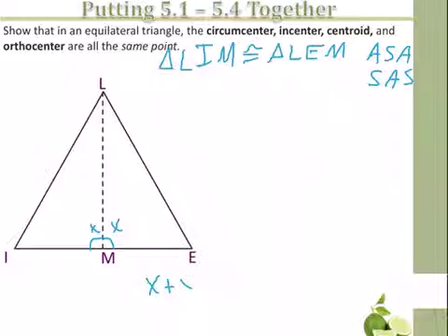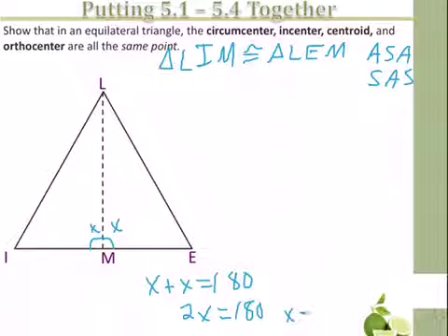So if x plus x equals 180, we know that x is 90, so we know that these are right angles. I'm just going to erase as I go, because this is going to get more and more profound. Because of CPCTC, I also know that IM and ME are congruent. Again, that's because of CPCTC, between this left triangle and this right triangle.